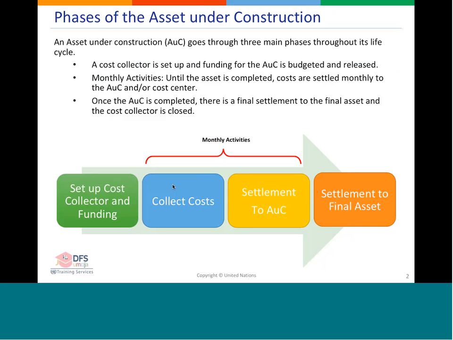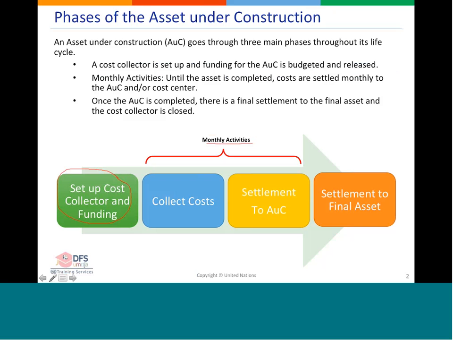This is a little recap on the previous session days. As you remember, an asset under construction goes through 3 main phases through its life. The first phase is to set up the cost collector and assign some budget to it. And then we will run through different monthly activities.